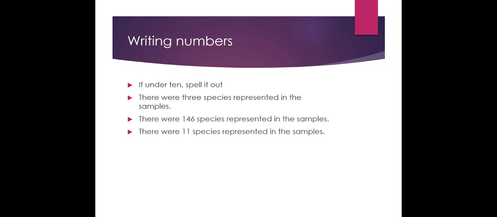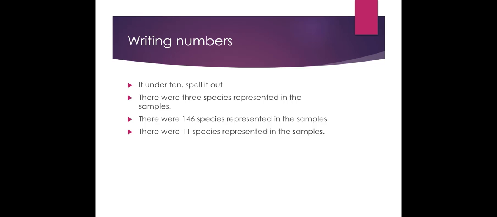All right. Now on to something other than the genus and species name. This is writing numbers in scientific writing. So a general rule for writing out numbers: if the number is under 10, you're going to spell it out in words. So 0 through 9, all those single digits, spell it out.